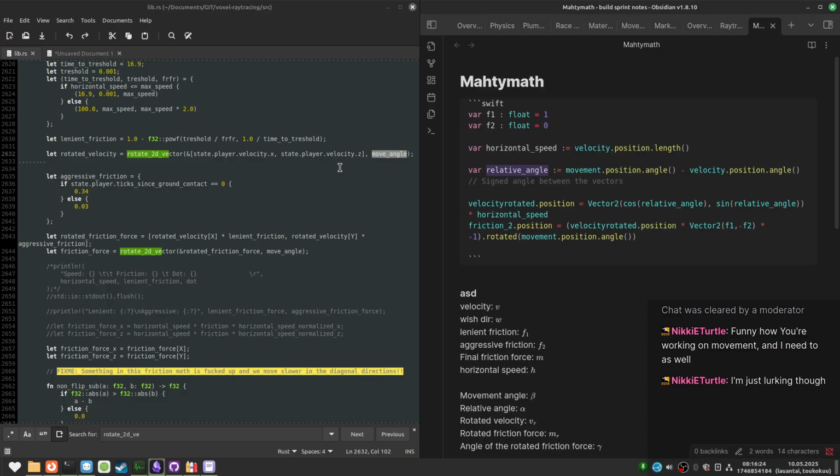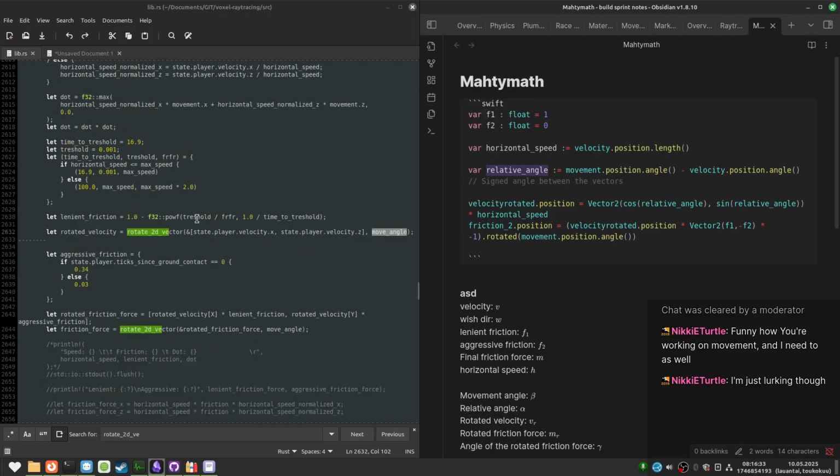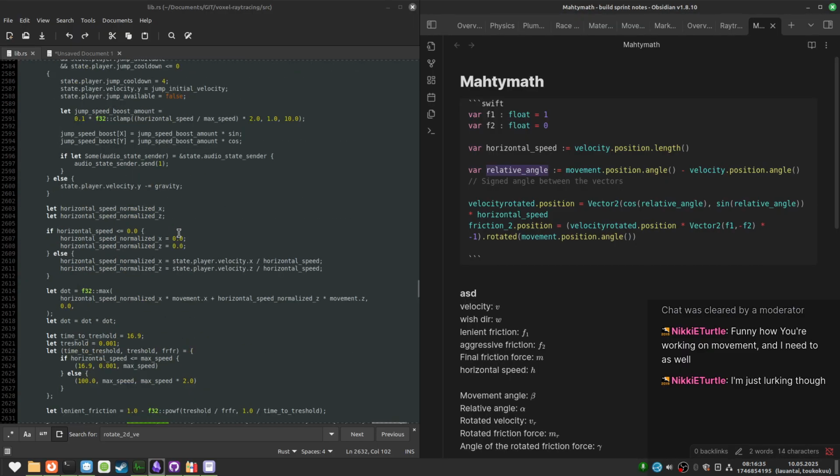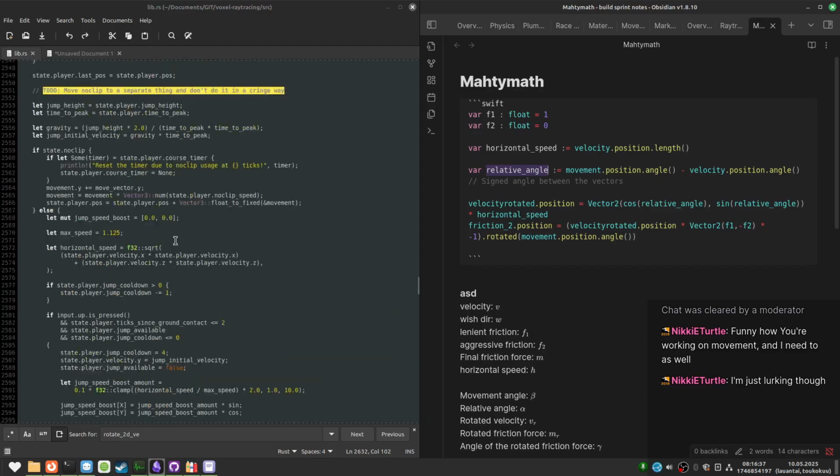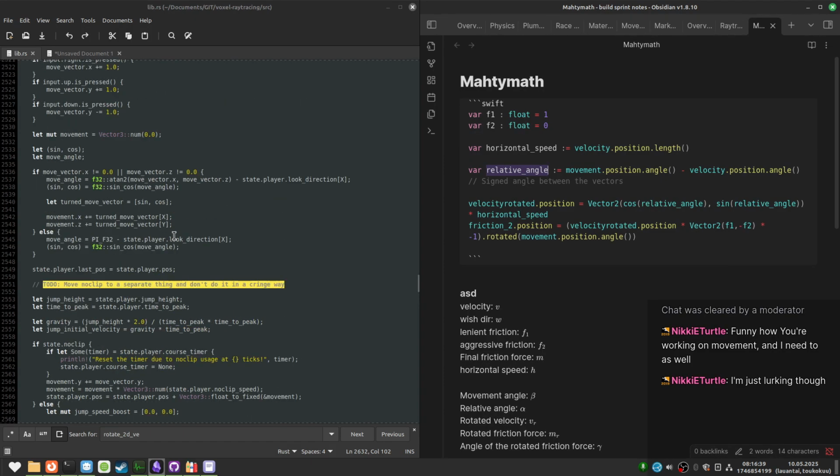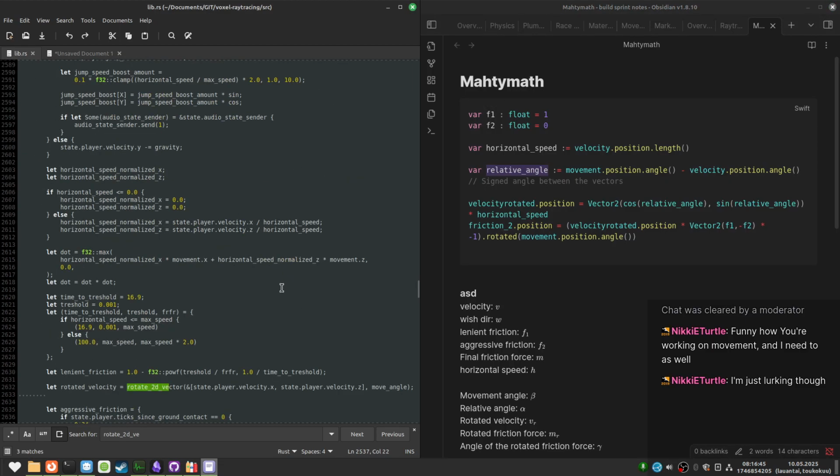Right, do we have the velocity angle then? Anywhere? Probably not. I can just get it easily.